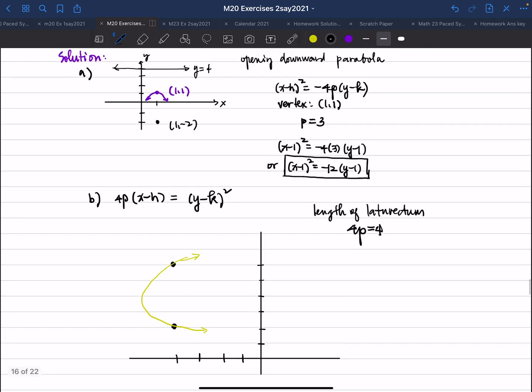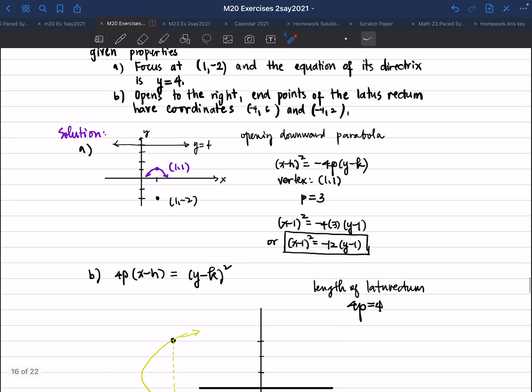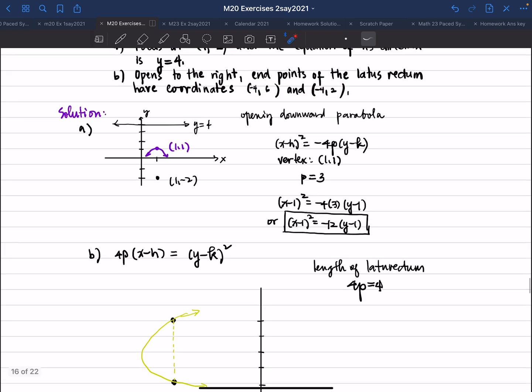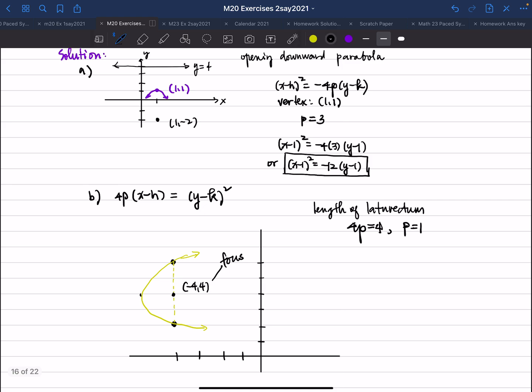And then next, we have to find the vertex. But there is one point that we can easily find, which is the focus, the midpoint of these 2 points. So, what is the midpoint of these 2 points? Negative 4, 4. Is that right? This is the midpoint, so this is the focus.